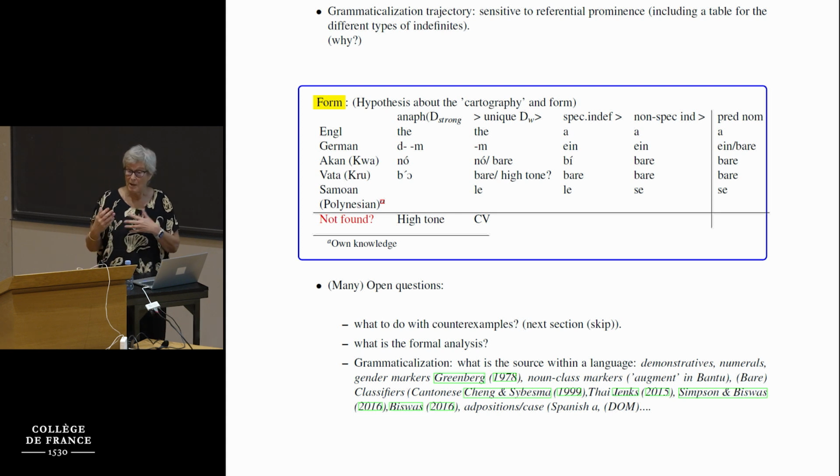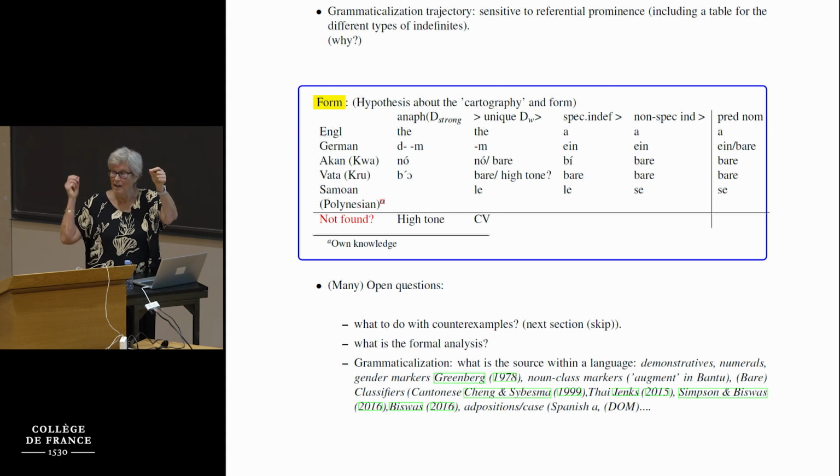And if you want to say, I read the book, you do have a marker there that is a case marker or preposition. So you get something like, I book ra read. And it must be interpreted as definite. So there is a marker for definite direct objects and no marker for indefinite direct objects.